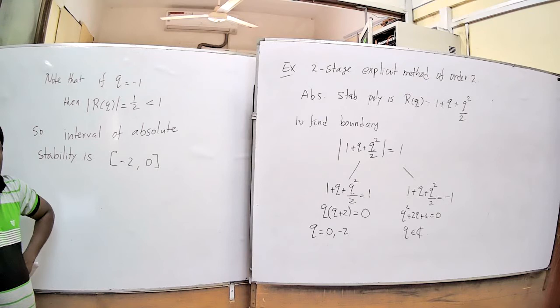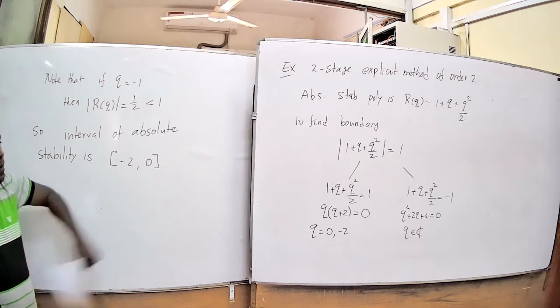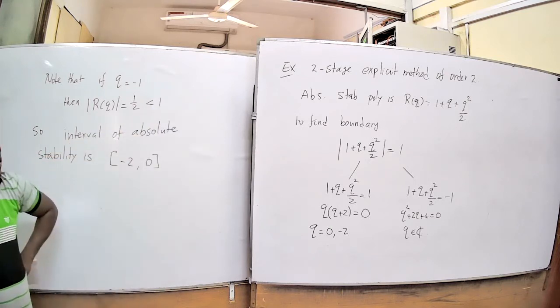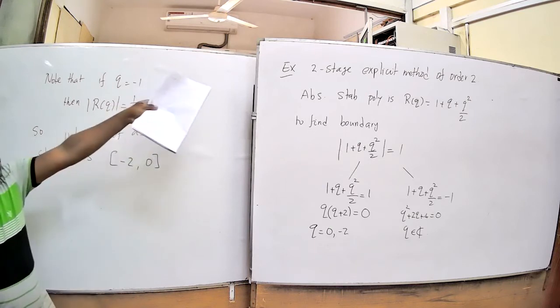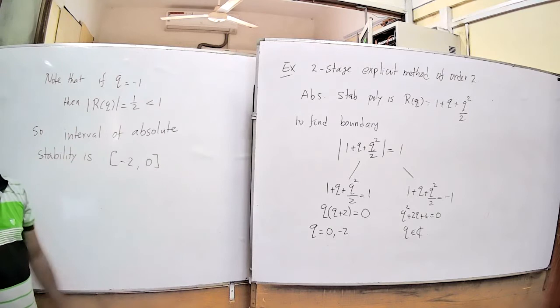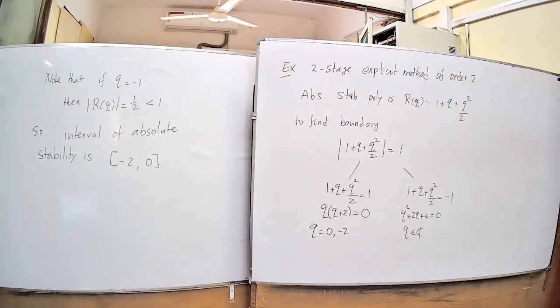So it is possible that a fifth stage method may have order 3, or a third stage method may have order 2. In those cases, you may not choose the polynomial directly like this. This is only true whenever the stage and the order are the same, the maximum order case.